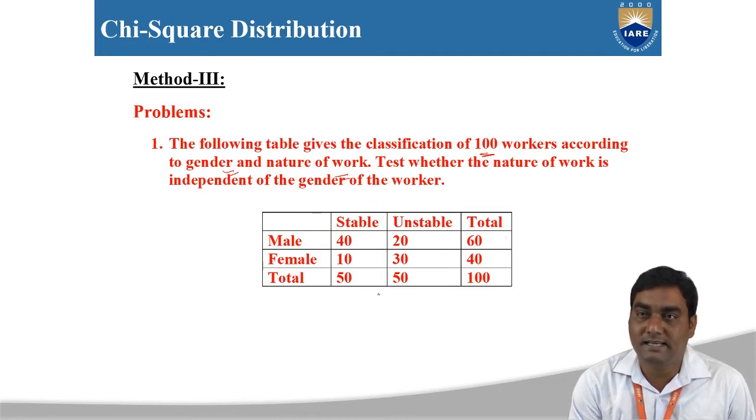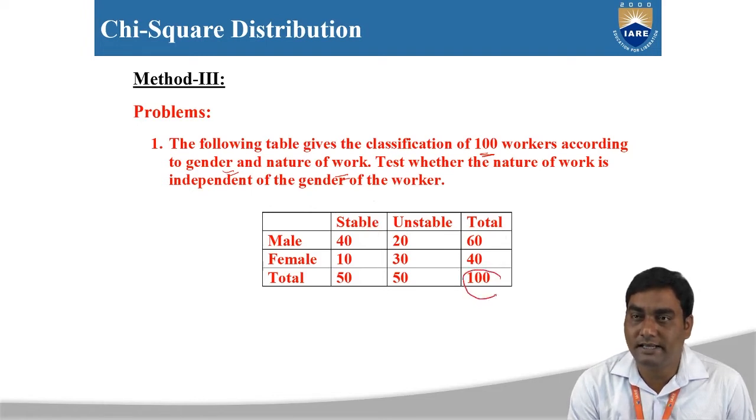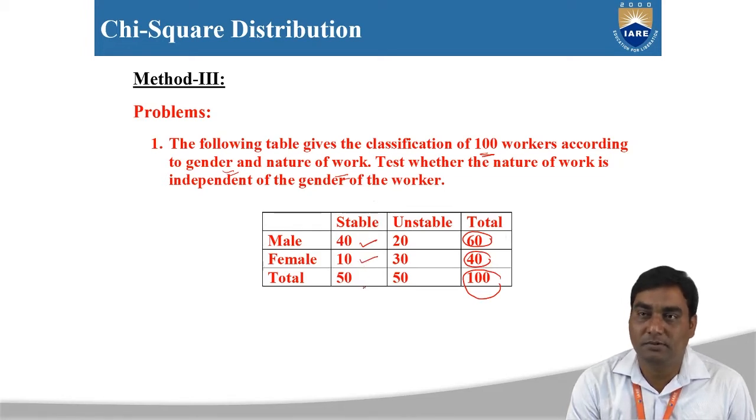This table data is given. In total, 100 workers are there. Out of 100 workers, male are 60 and female are 40. Out of 60 males, only 40 male workers are stable. Out of 40 females, only 10 female workers are stable.